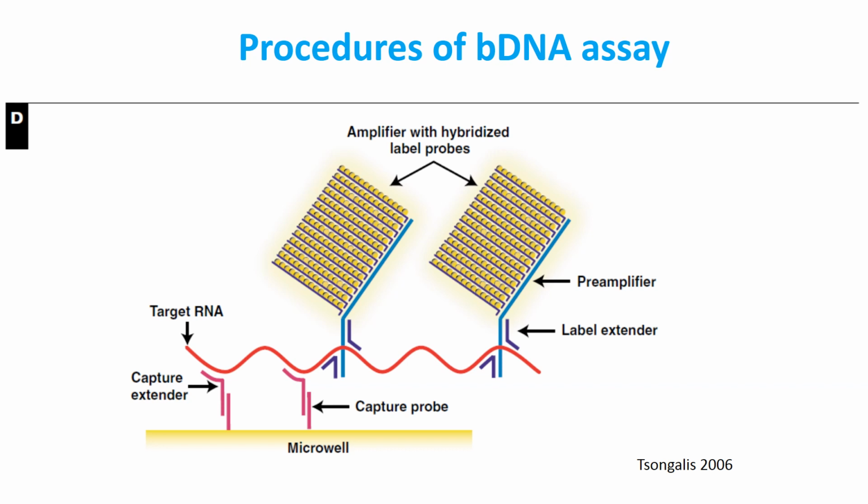In branched DNA assay, the adding of a series of probes results in the formation of a large hybridization complex on the target DNA or RNA, which can contain more than 10,000 alkaline phosphatase molecules.